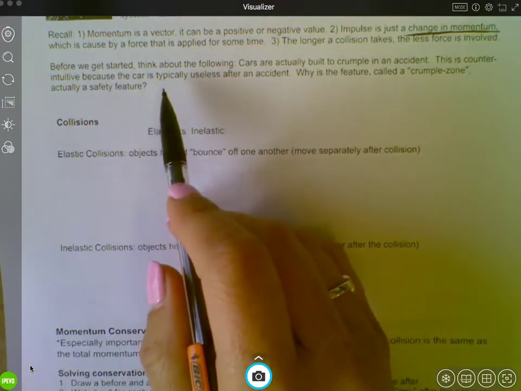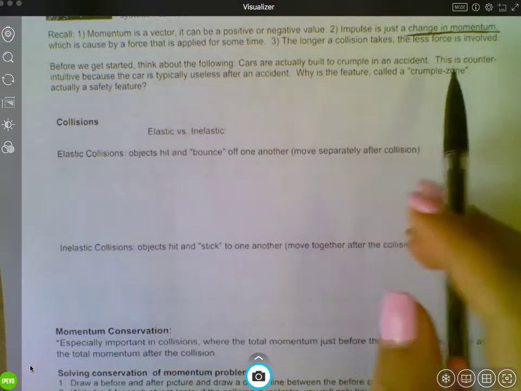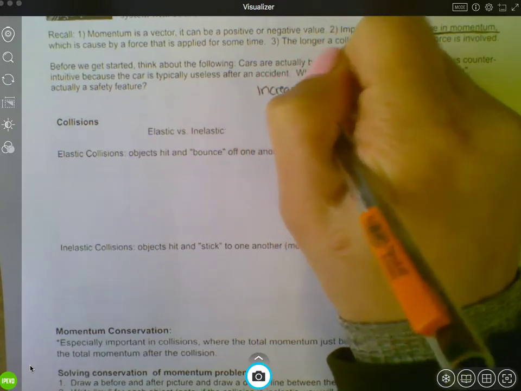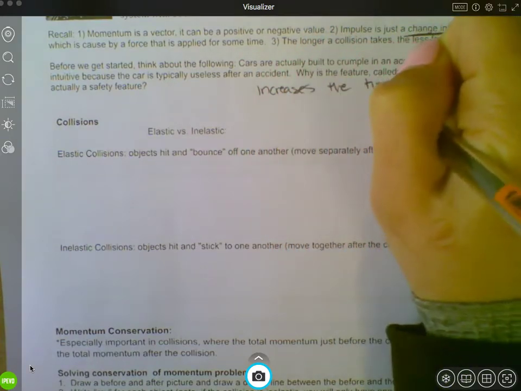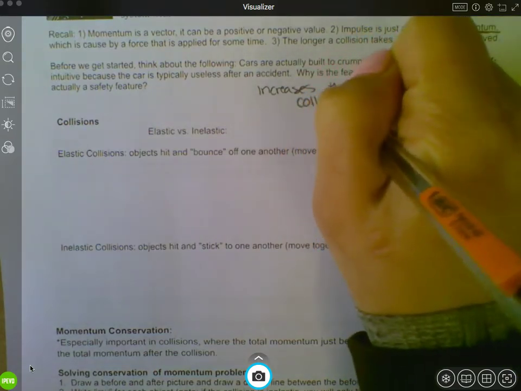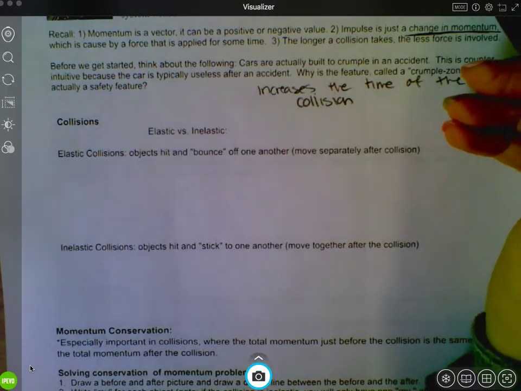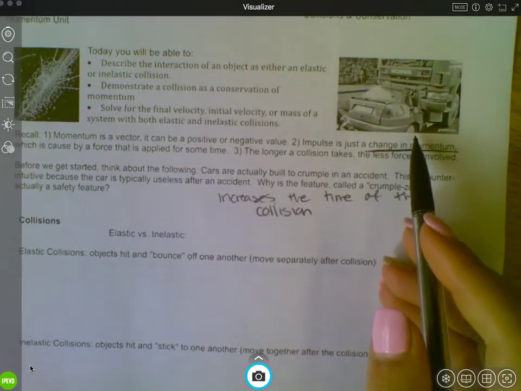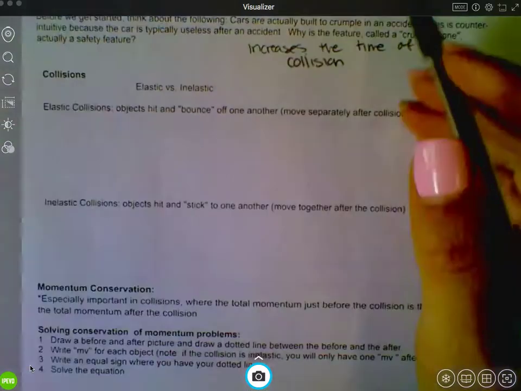The reason that the crumple zone is actually a safety feature is because it increases, let's write this down, the time of the collision. It takes time for the car to actually crumple, and in this picture up here you can see it takes time for that car to crumple.